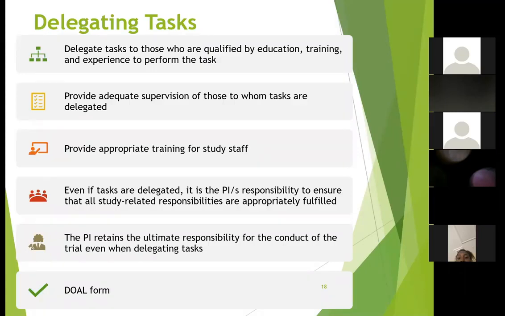It's not only the PI, but the study team member's responsibility to make sure that the delegated tasks that are given to them are appropriate. Don't ever perform tasks that you know you're not qualified to perform.